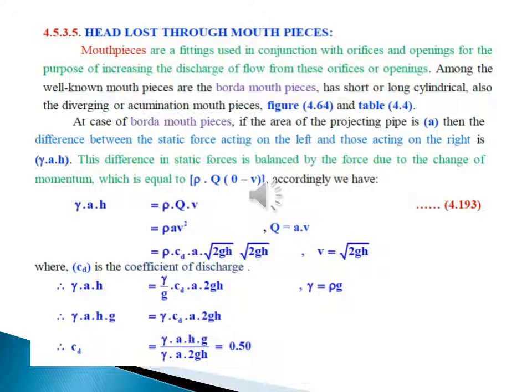Head loss through mouthpieces. Mouthpieces are fittings used in conjunction with an orifice or opening for the purpose of increasing the discharge of flow from this orifice or opening. Among well-known mouthpiece types are the bordा mouthpiece, having a short or long cylinder. Also, the diverging or converging mouthpiece is one, as shown in the enclosed figures after.